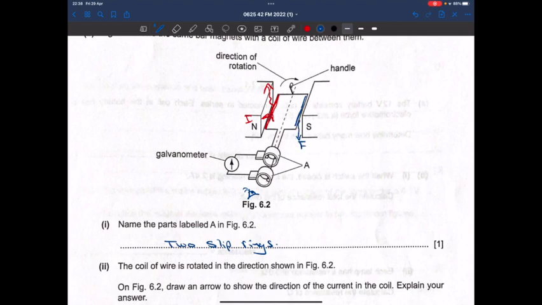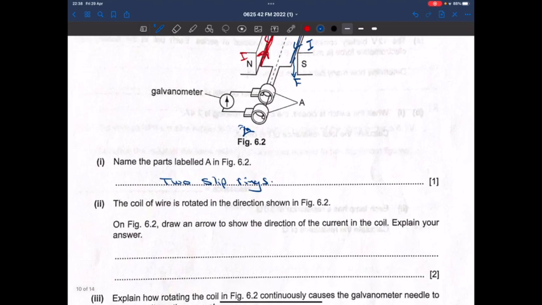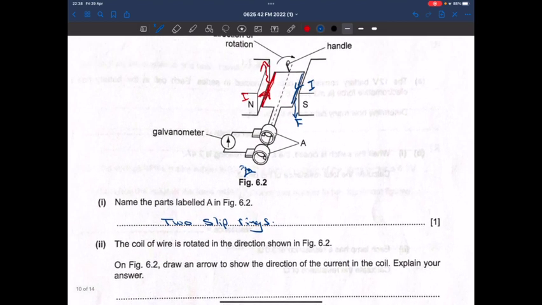So I'm going to flip my hand, with my finger from N to S staying the same. My smaller finger could be directed down, and the current will be out of the page. So the current is out of the page here, right? Anyway, they just ask you to show the direction of the current, so you need to draw one arrow to show the direction. So I'm going to choose this part.